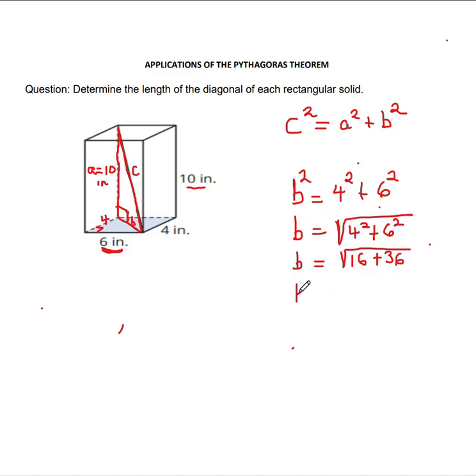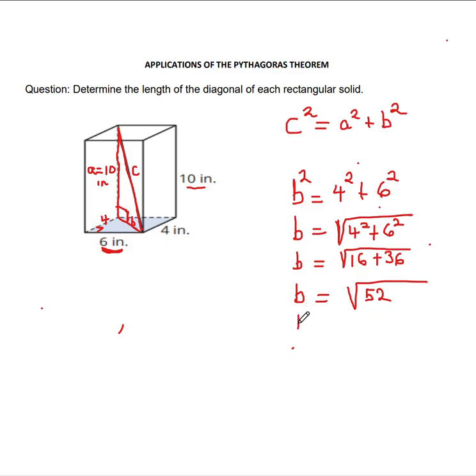So B will be equal to the square root of the sum of 36 and 16. The sum of 16 and 36 is 52. So B is going to be equal to the square root of 52.